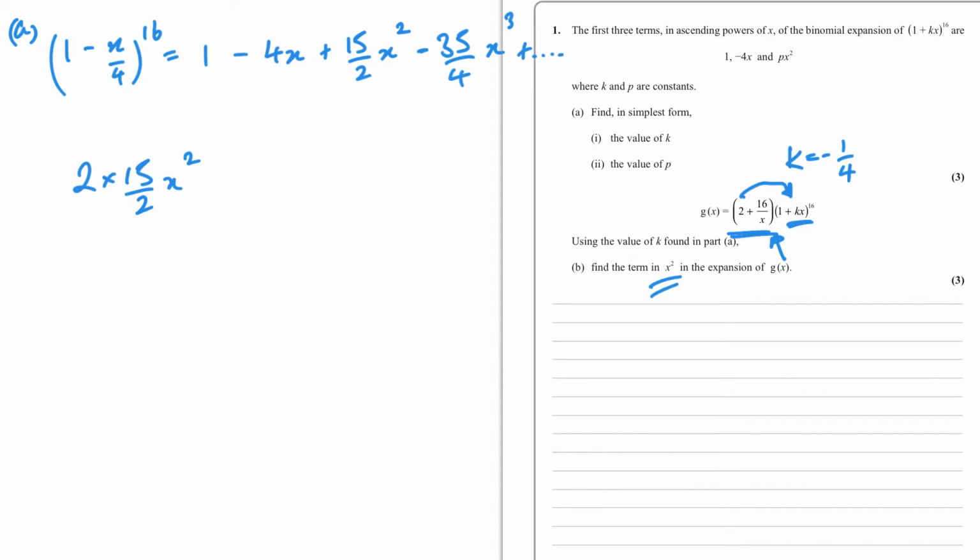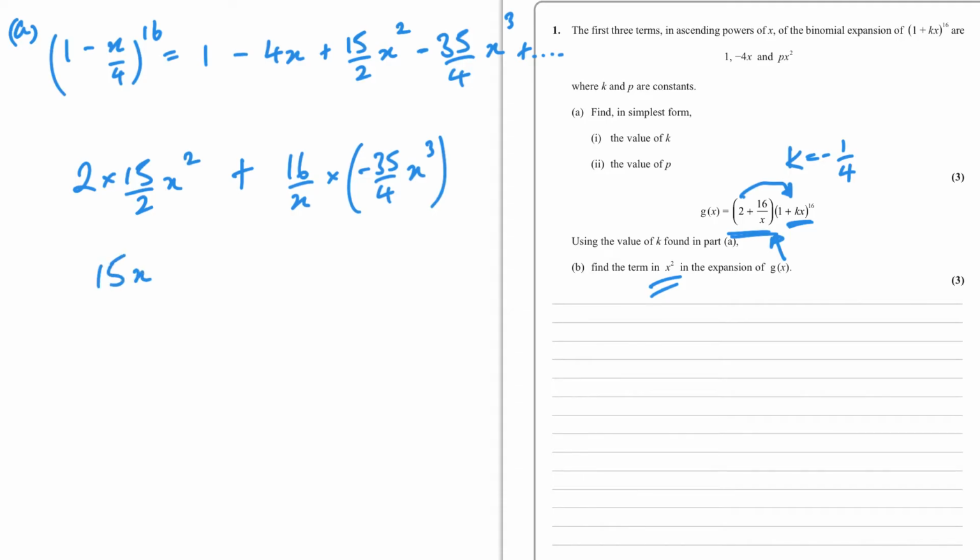Then I want the 16 over x multiplied by an x cubed, as that will give me my x squared. So the next term that I'm looking for is 16 over x multiplied by my x cubed term from that sequence. And we'll simplify these so we will be adding them together.